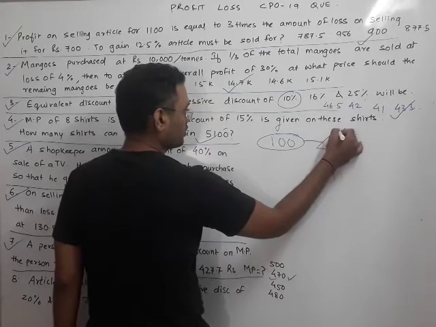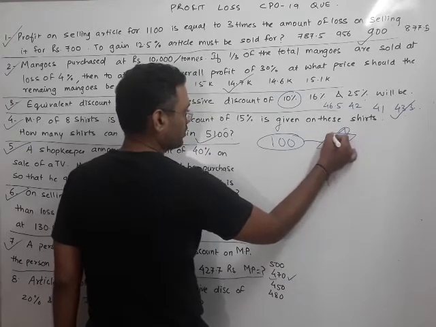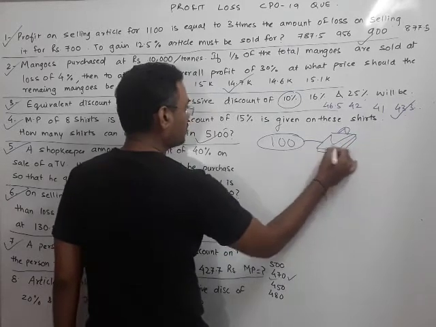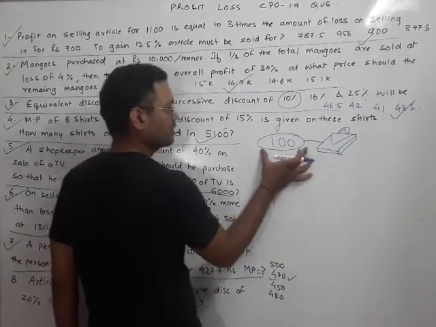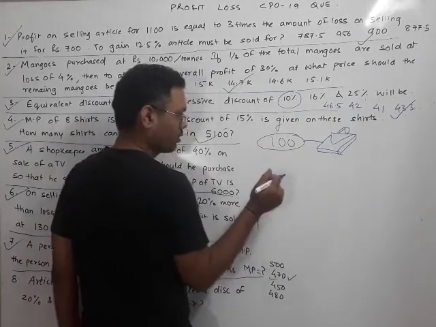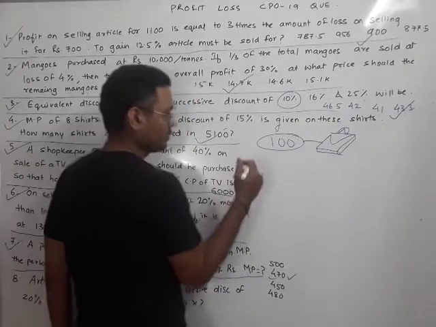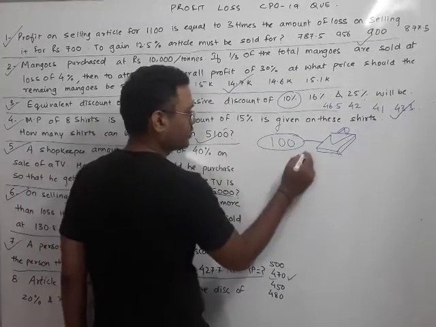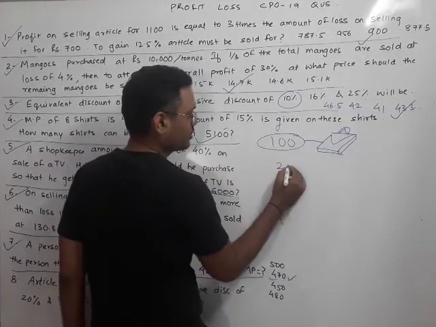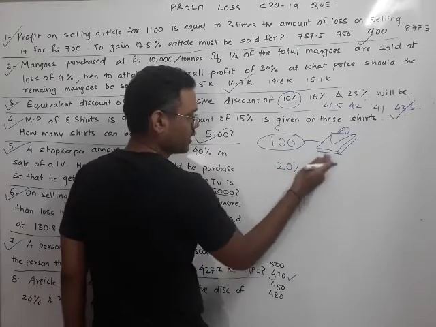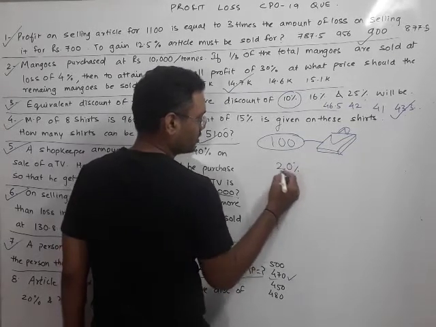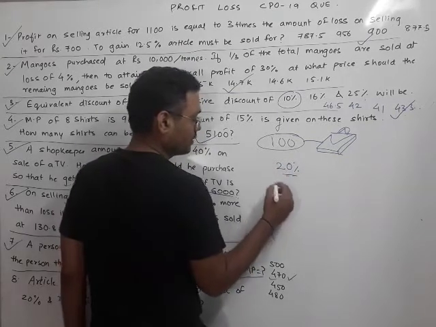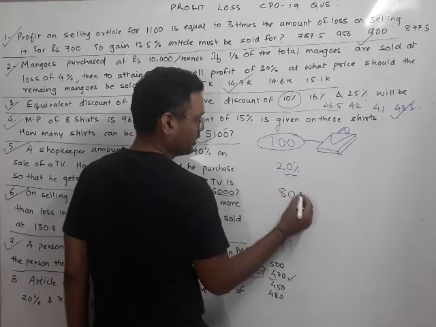Now someone is offering me a discount on this. Take 20% discount and buy this. So what is my discount percentage? 20%. How much am I buying it at? 80.